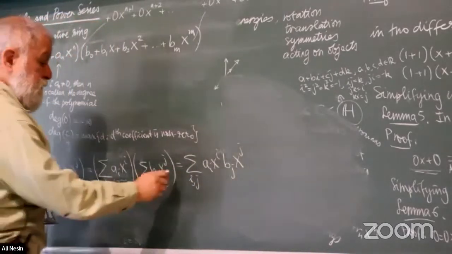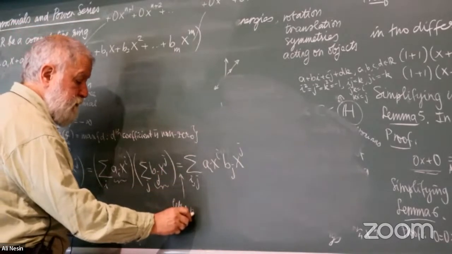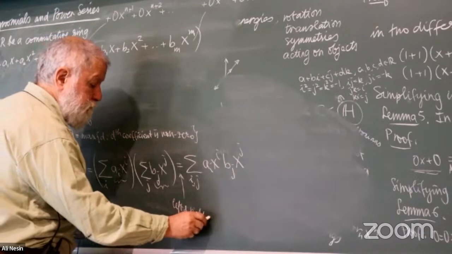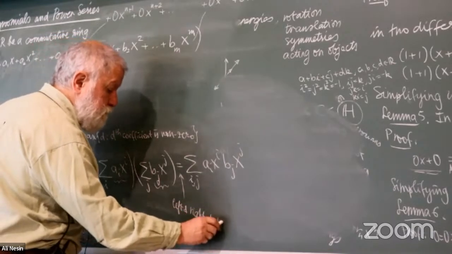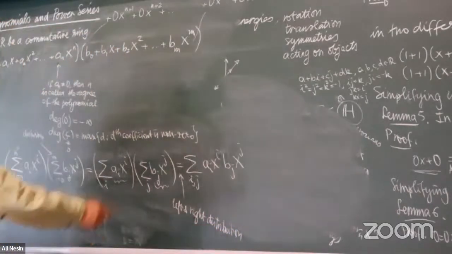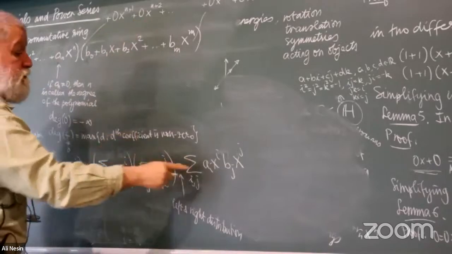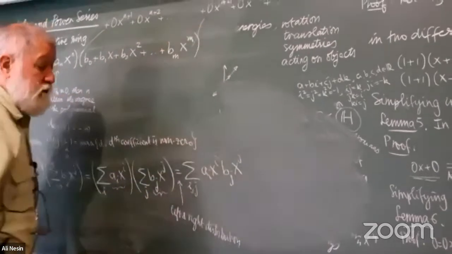This is the distributive law. Left and right distribution. Remember that these a_i are 0 after a certain point, and b_j are 0 after a certain point.